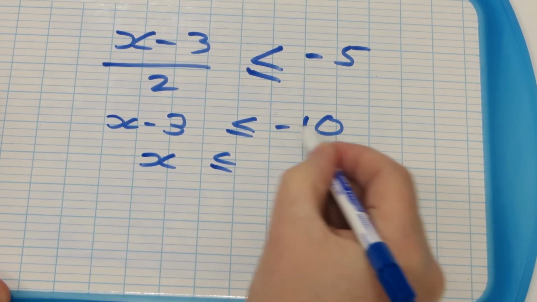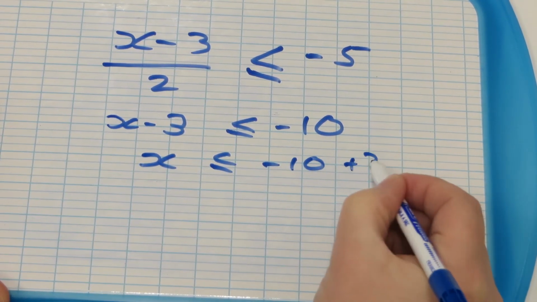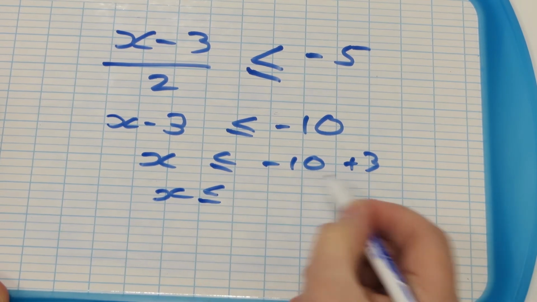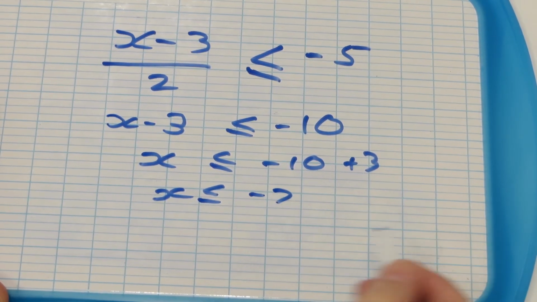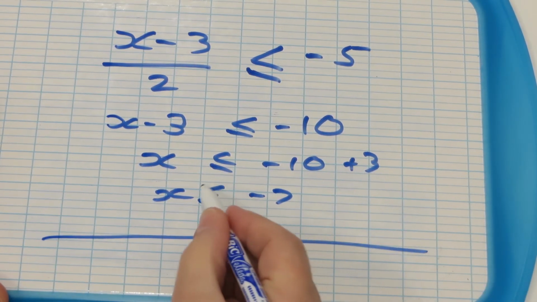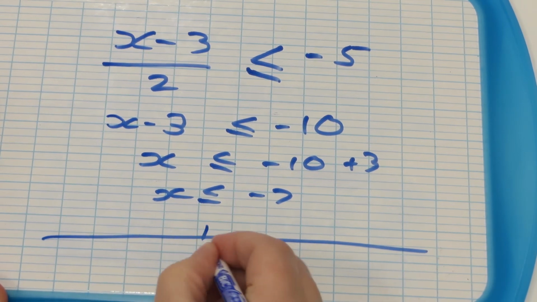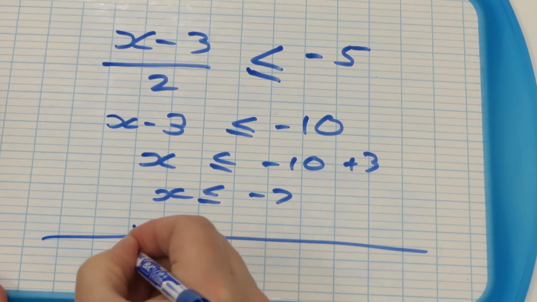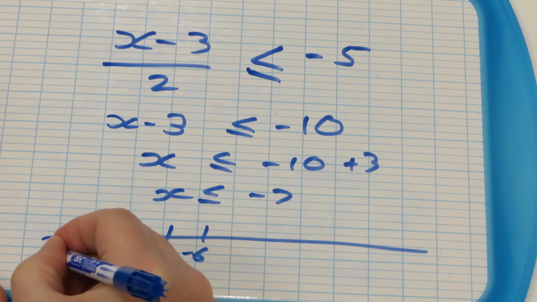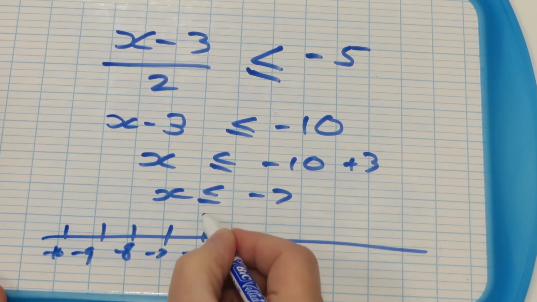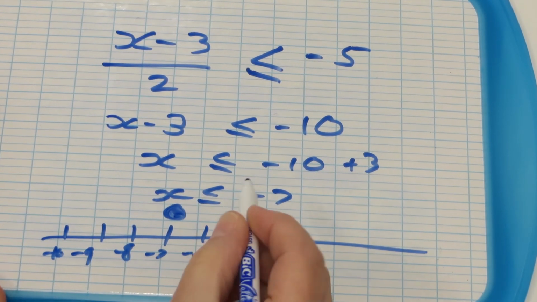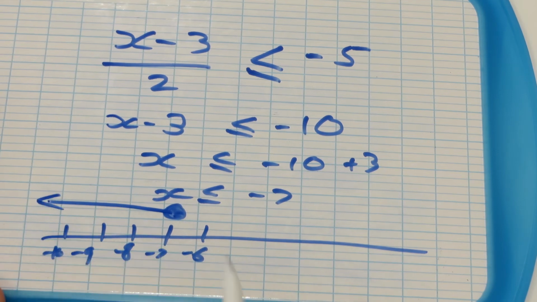So that gives us minus 10 plus 3. Minus 10 plus 3 is minus 7. So on this inequality we've got x is less than or equal to minus 7. So let's start on minus 6, minus 7, minus 8, minus 9, minus 10. So it's less than or equal to, so it's solid and in that direction.